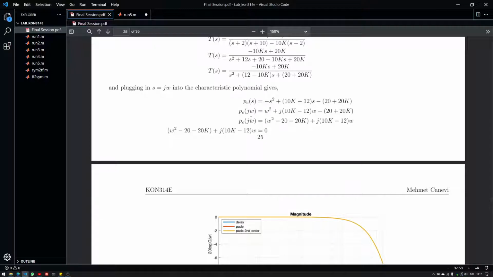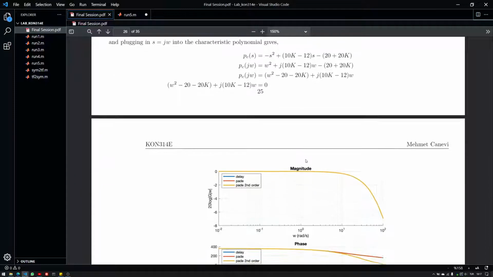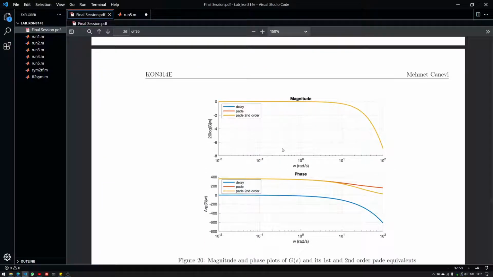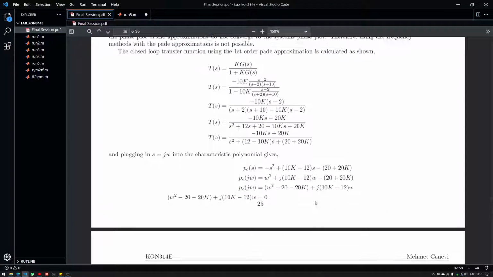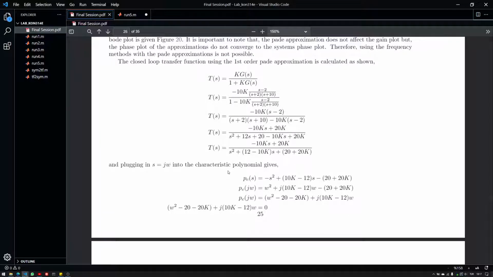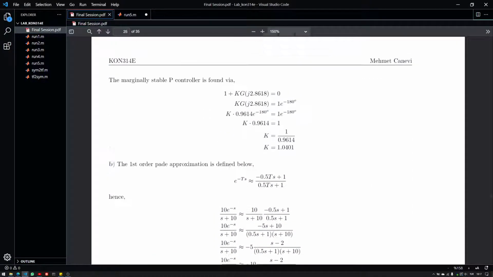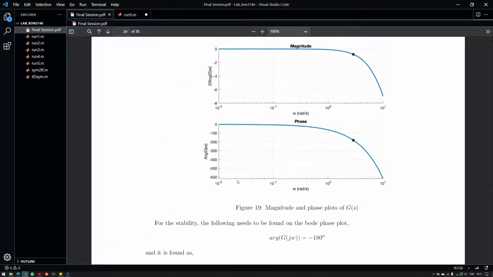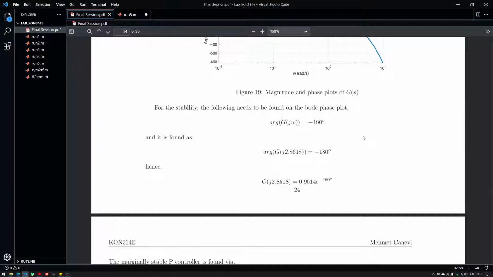If you use the frequency domain, why would you use the Pade approximation? So this is to remind you to never use a mix and match of frequency and time domain methods, especially for delayed systems, because it really doesn't make any sense. So avoid this. Just go with the direct substitution or root locus method if you use the Pade approximation. If not, the Bode plot itself also gives you the data that you need.